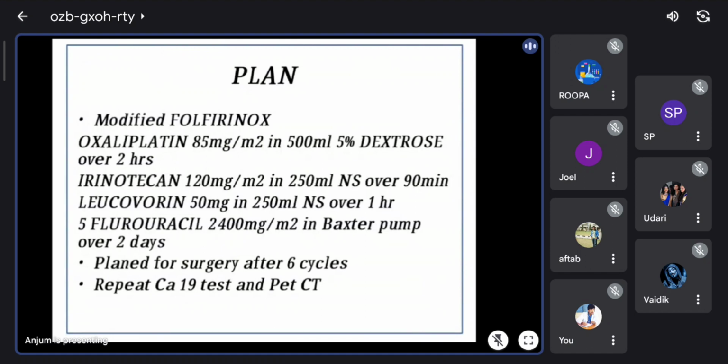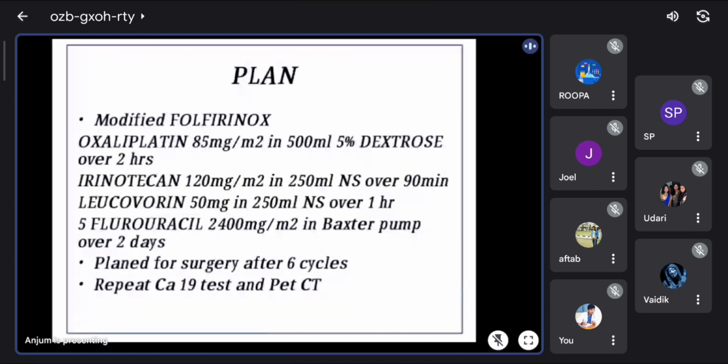Irinotecan we are giving for 90 minutes. If we have diluted irinotecan, we cannot store it for longer hours. If we want to store it for longer, then we have to dilute it in dextrose. As we are using it immediately, we are diluting it in NS.